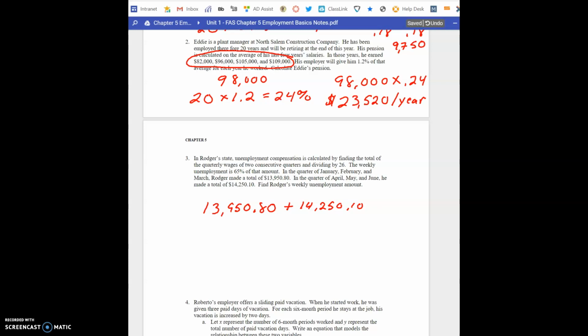Dividing by 26, it tells you right here, gives you a dollar amount of $1,084.65. The unemployment compensation is 65% of that amount, so times 0.65 for 65%. So every week he will get a check from the state for $705.02 per week.